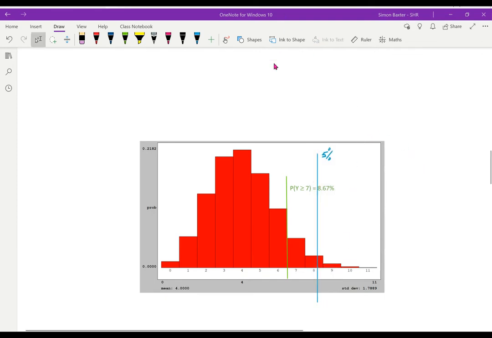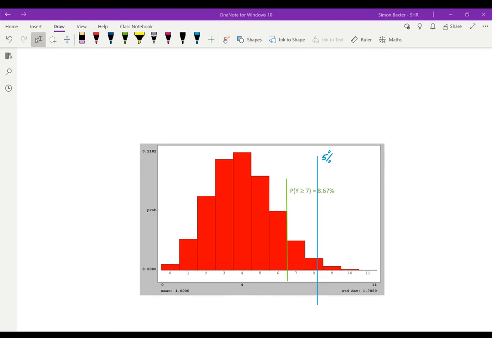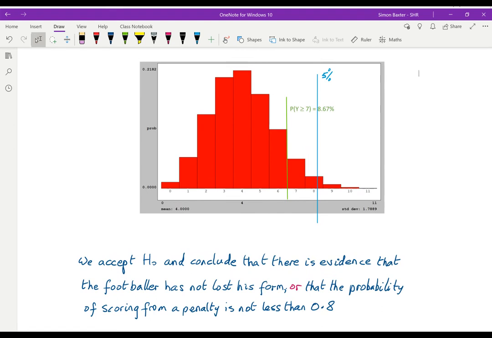And therefore the test statistic, which is y equals 7, does not lie in the critical region. And we can accept H0 and conclude that there is evidence that the footballer has not lost his form, or that the probability of scoring from a penalty is not less than 0.8.